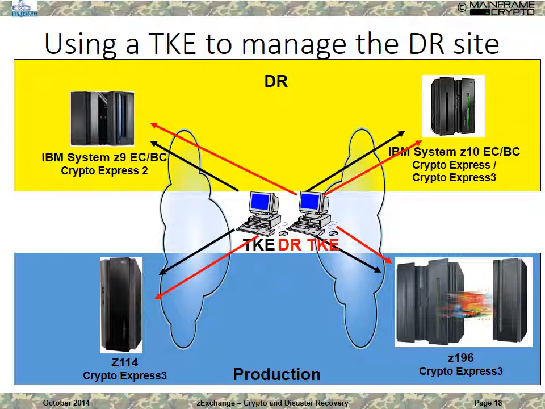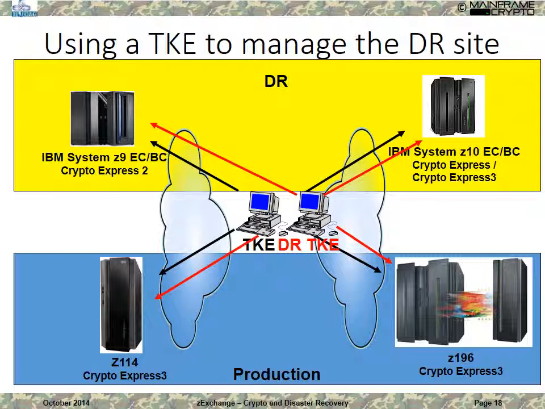Maybe you put the production TKE on the production floor, and in normal operation, 99.9% of the time, everything is going to be up and running and fine. And then if and when you have a disaster, maybe your backup TKE is not co-located with your DR CAC. That's perfectly acceptable. You just have to make sure that the IP configuration is handled properly on both machines so that you can switch that IP connection and point to the DR system.